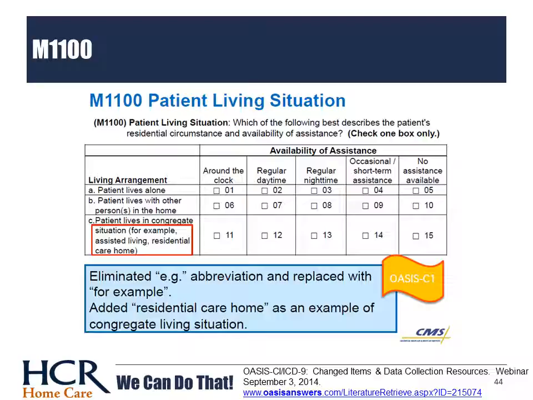Is it regular daytime, regular nighttime, occasional short-term assistance, or no assistance available? The one clarification that has been added here is that the e.g. term has gone away, so now it says for example on row C. And then you can also see that they added in residential care home as a possible example of a congregate type of situation.